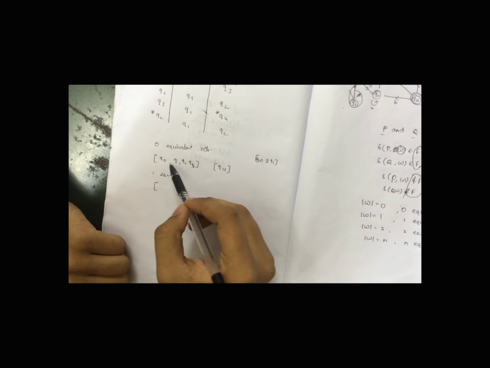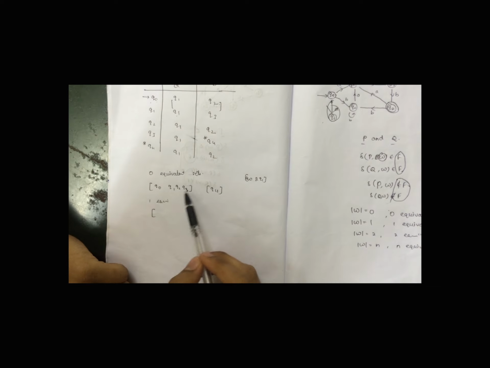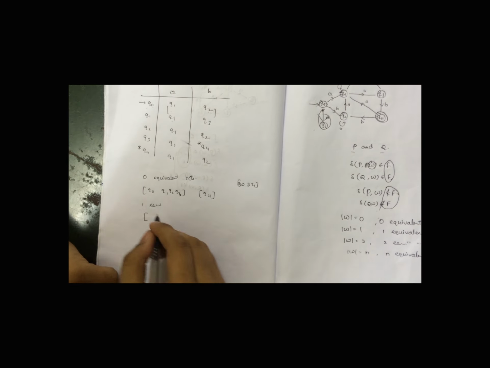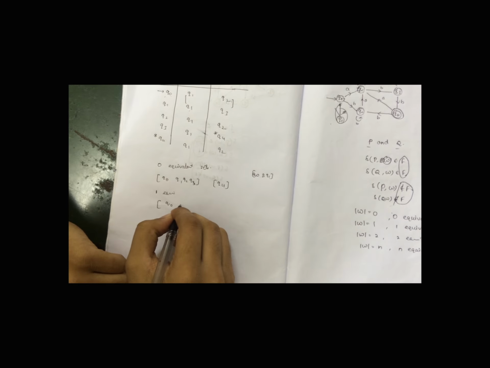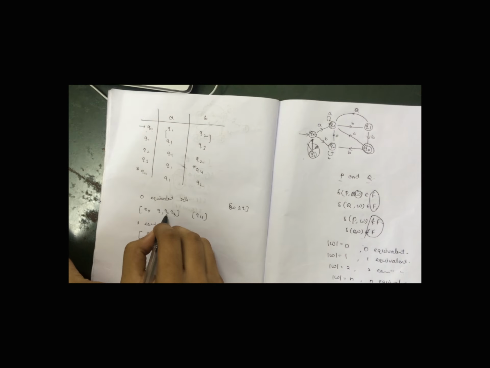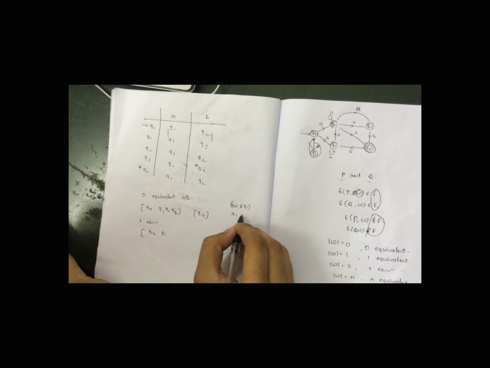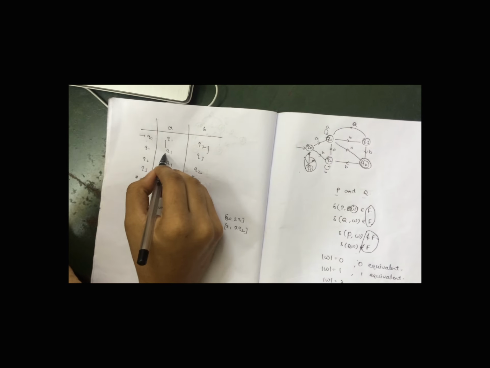In the zero equivalence sets, both Q2 and Q3 are in the same set. So in one equivalence also, we consider Q0 and Q1 in the same set. Now let us consider Q1 and Q2.